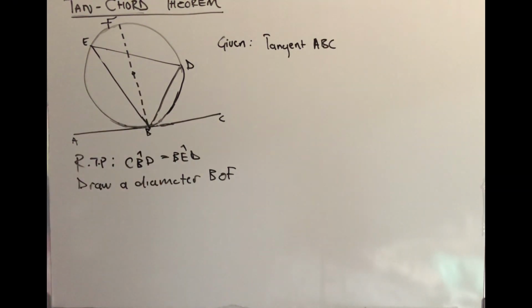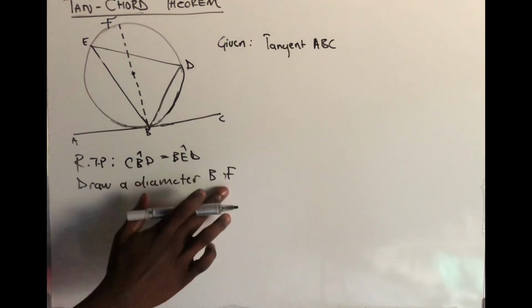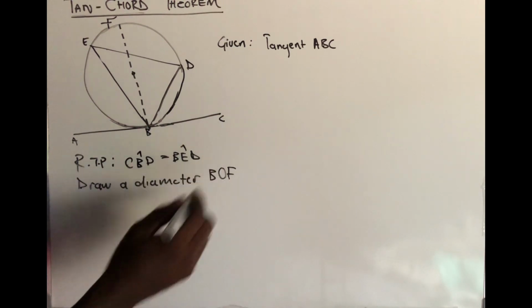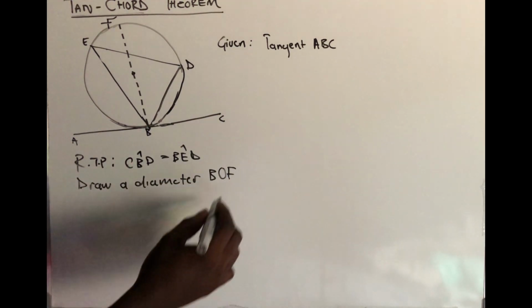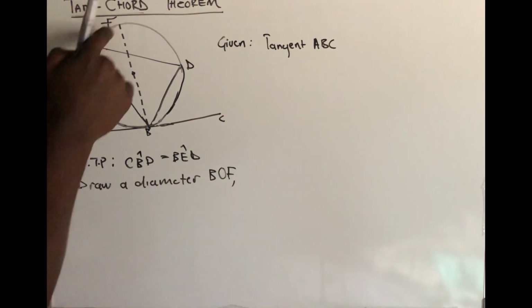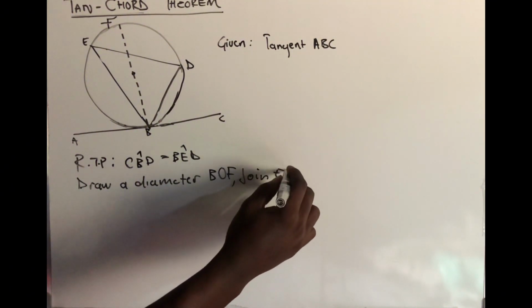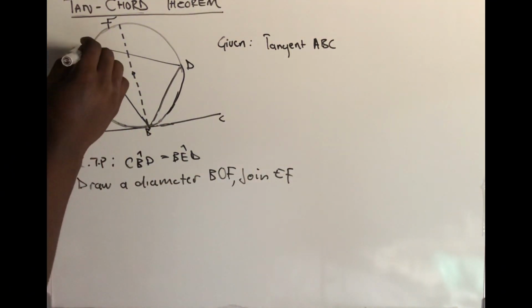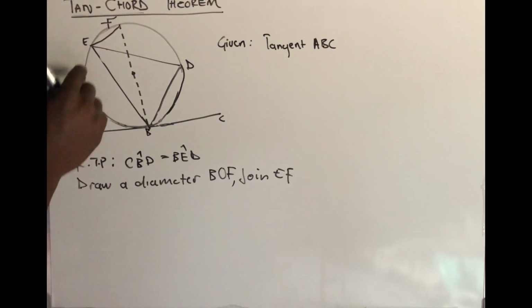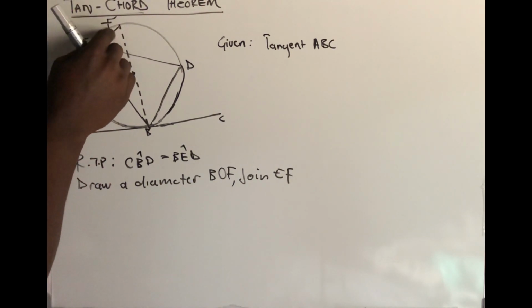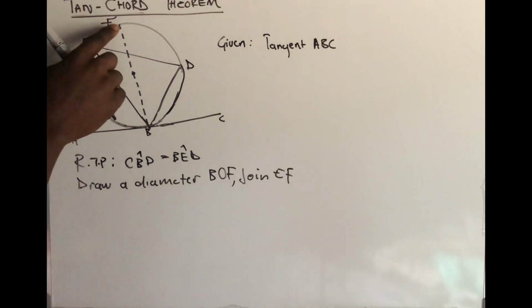Let's make the line look like this so that you can see that this line we just edited on our own. And now you've drawn that diameter, and let's join EF now. We're joining EF, and also let's make it a dotted line.